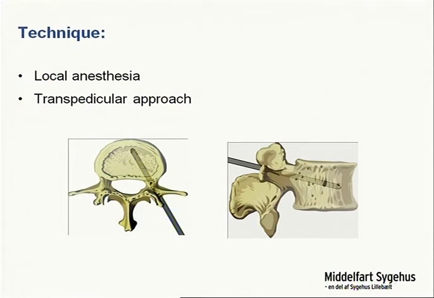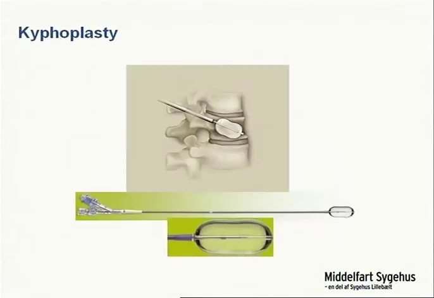You instrument transpedicularly and leave the needle in the middle third of the vertebra and inject the bone glue. For kyphoplasty, you use the same entrance, but before injecting the glue, you dilate the bone tamp to try to create the height of the vertebra.